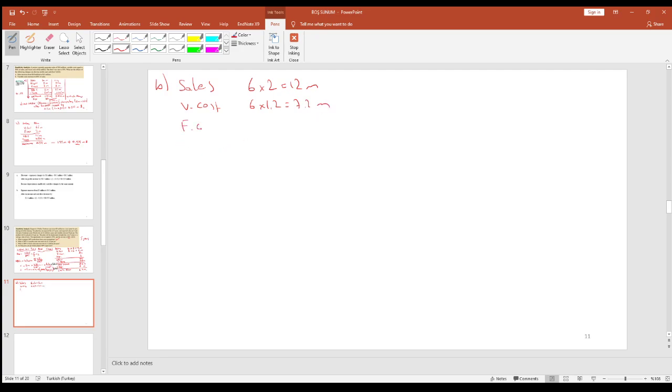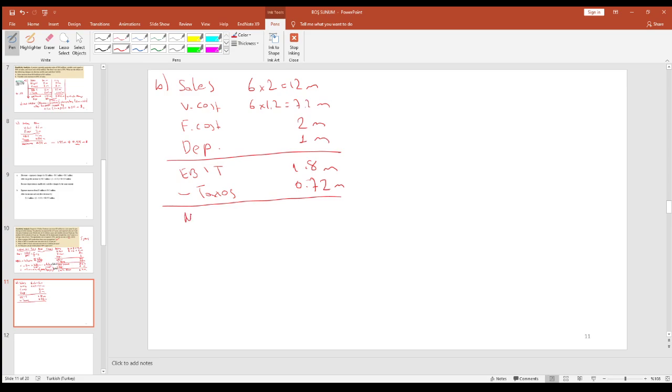Fixed cost will be 2 million, and your depreciation will be 1 million, and the result will be earning before interest and taxes, which is equal to 1.8 million minus taxes at a rate of 40%, which is 0.72 million, and this is going to be equal to net income.